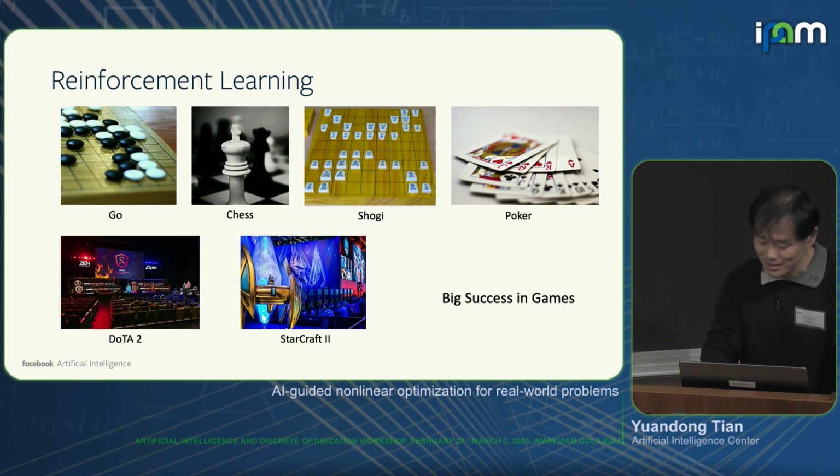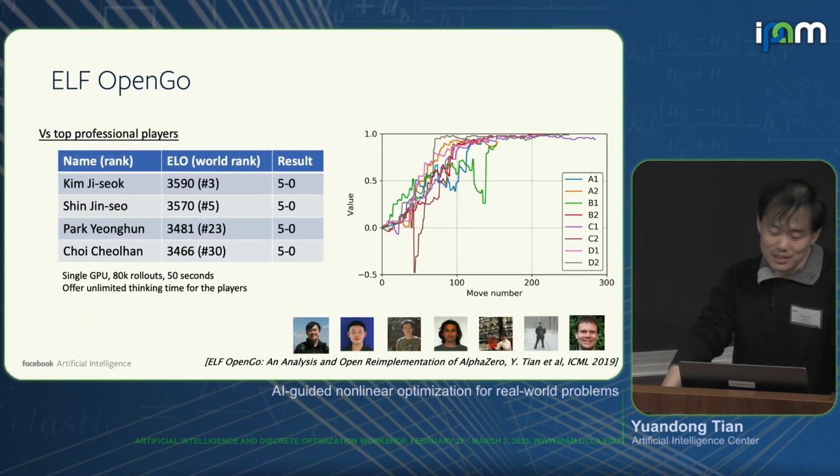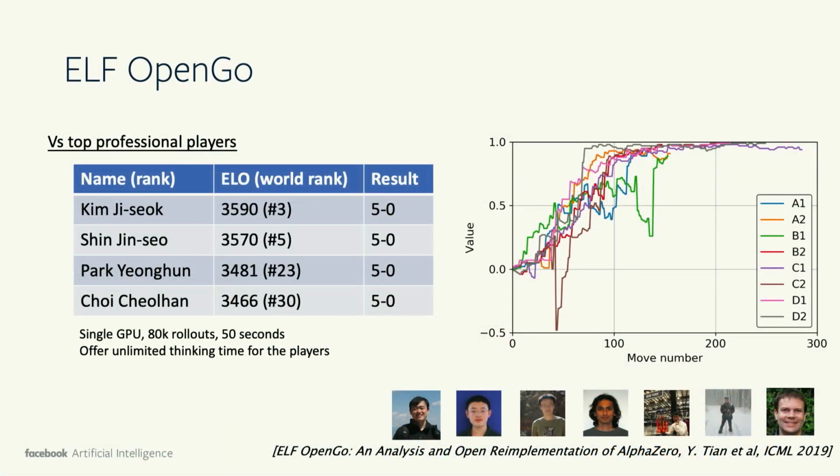From our side, we also have a reproduction of AlphaZero back in 2018 that tried to use 2,000 GPUs to train a strong Go model. That model beat 4 different professional Go players 20-0. They didn't get a chance to win a single game. And on our side, we only use a single GPU at 50 seconds per move.